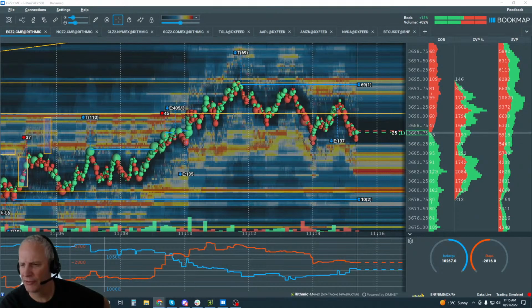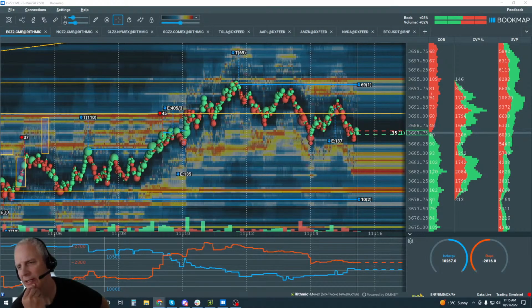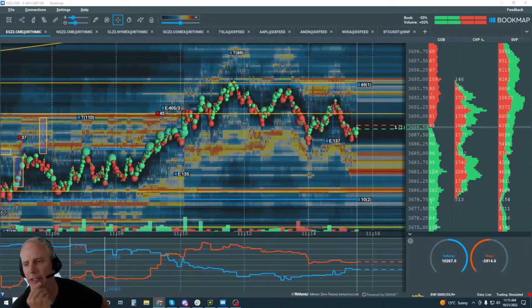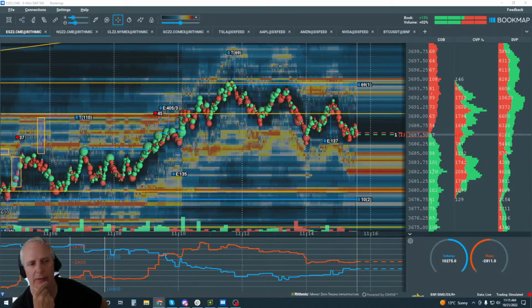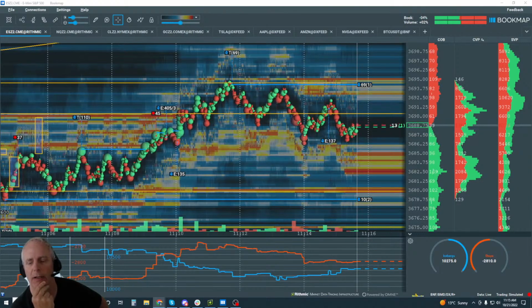Why would a retail trader use icebergs? Well, let's say you have a 100 lot that you want to trade. There are accounts out there of retail traders that are just enormous, high level traders. Why wouldn't they want to use an iceberg?